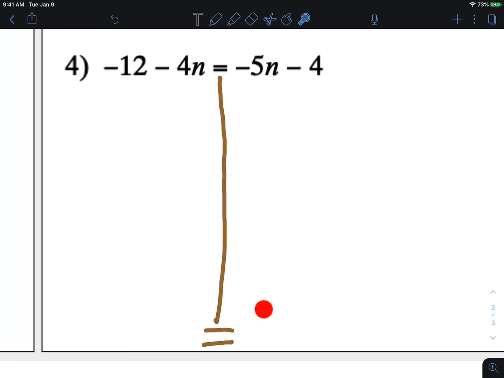That's a problem. I want these n's to be together. So I'm going to bring this minus 5n over to this side. So if I cross out minus 5n, it's going to come over as plus 5n.